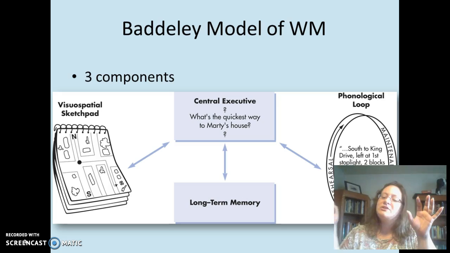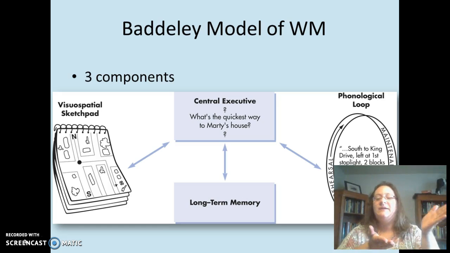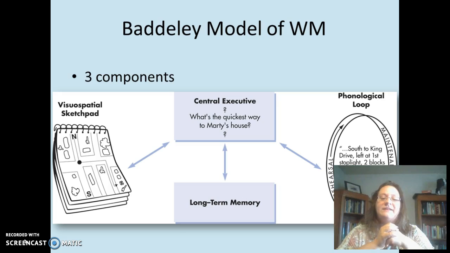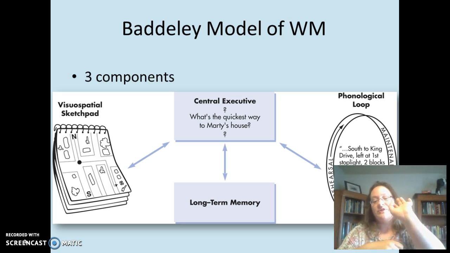With the phonological loop, we're talking about information like these directions, more verbal material than visual. So the visual material comes out of the visuospatial sketchpad, verbal more out of the phonological loop, and the central executive takes all this information, pulls in more from long-term memory, and helps to make adequate decisions.